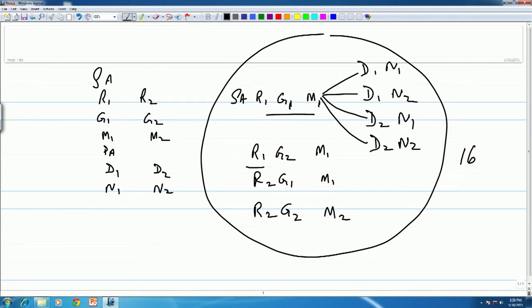So, 4 are possible for this, 4 for this, 4 for this. So, you have 16 possible combinations of all this Sarigama Padhani with Ma1.